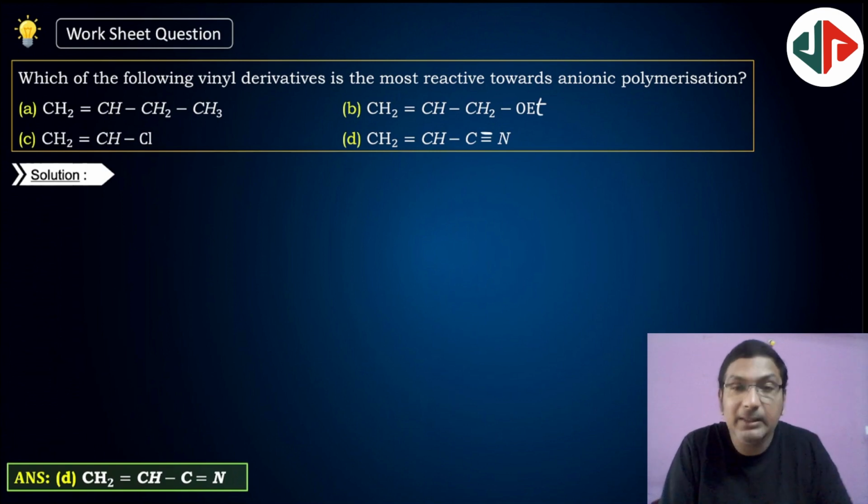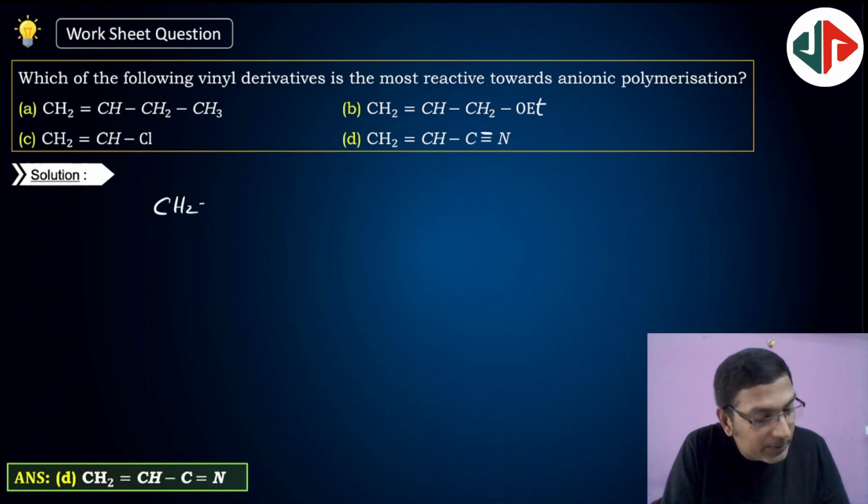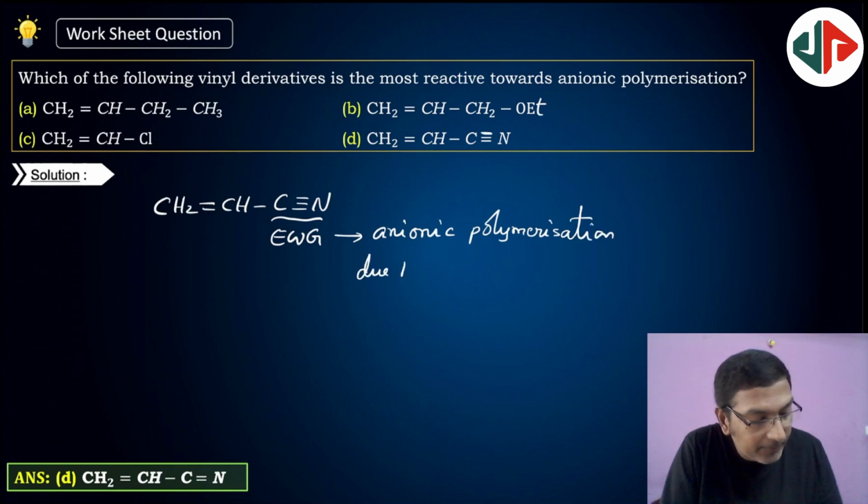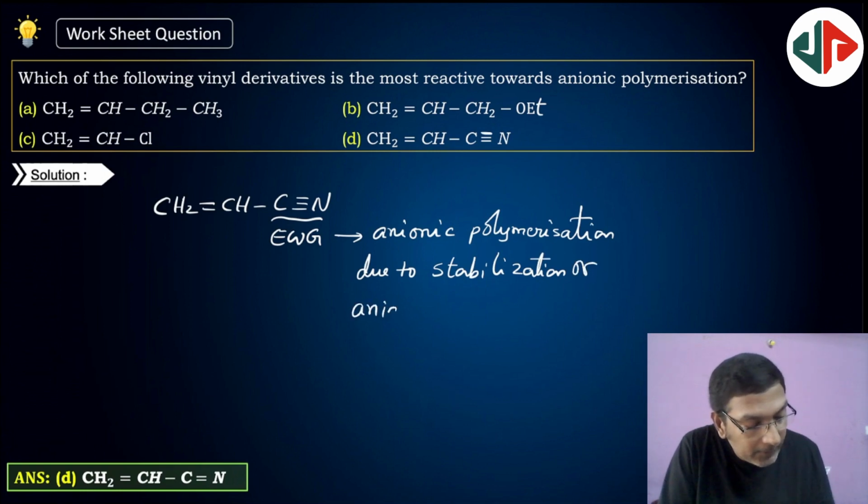When an electron withdrawing group is attached to the carbon-carbon double bond, like CH2=CH-C≡N, which has an electron withdrawing group, it undergoes anionic polymerization, due to stabilization of the anion in chain propagation.